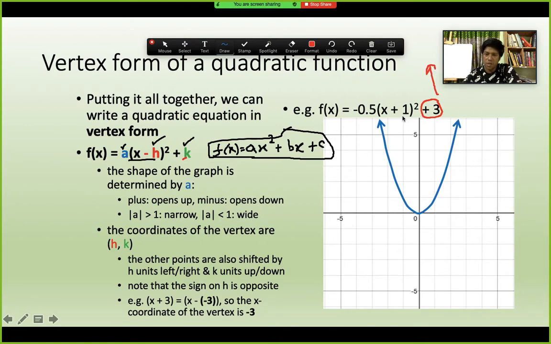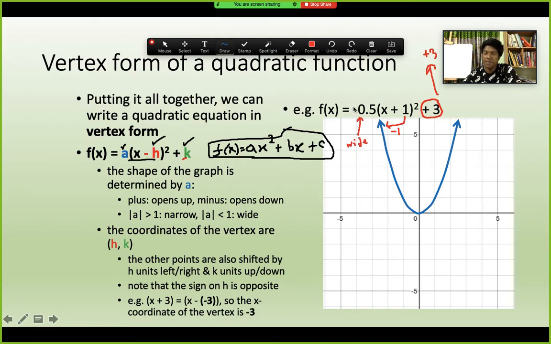For this x plus 1 within the bracket, the graph will go 1 unit to the left side. So it will go to the minus 1. It will go to the plus 3, up 3 units. For this 0.5, the graph will be wider by a factor of 0.5. The graph will be wide.